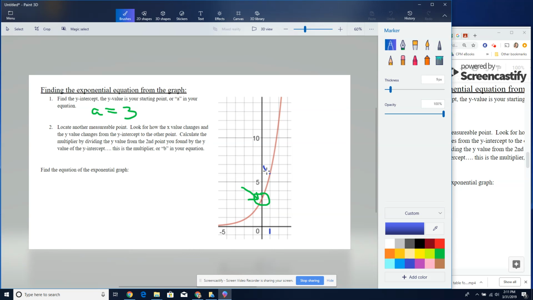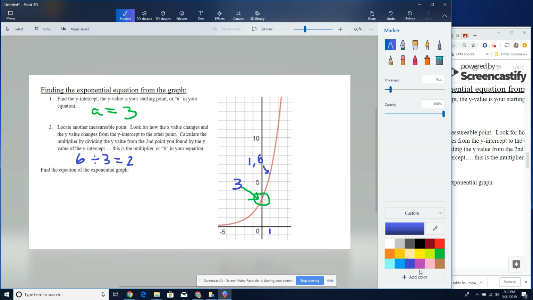So this is going to be the next value that I use to calculate my multiplier, and it is at the point 1, 6. So what I need to know is, how did I take my 3 that was right here, my 3 value for my y, and turn it into a 6? So 6 divided by 3 is going to give me the multiplier, which is just a 2.